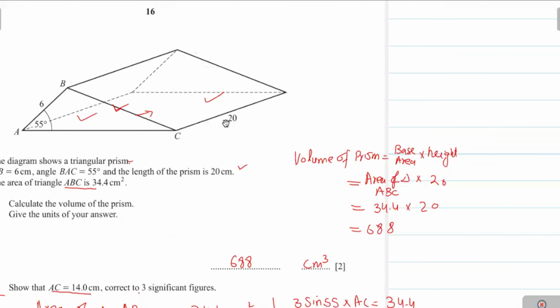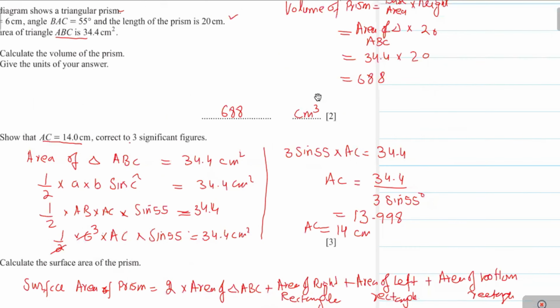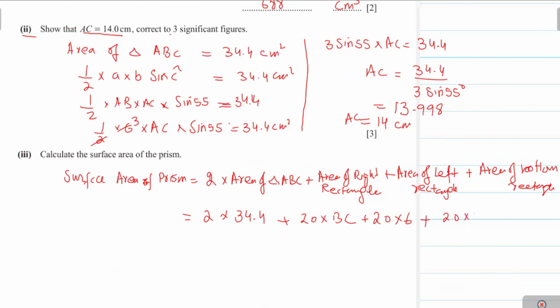This is 20 multiplied by AC, and AC is 14, so 20 multiplied by 14. This will be equal to 68.8 plus 20 BC plus 20 multiplied by 6 is 120 plus 20 multiplied by 14 is 280.